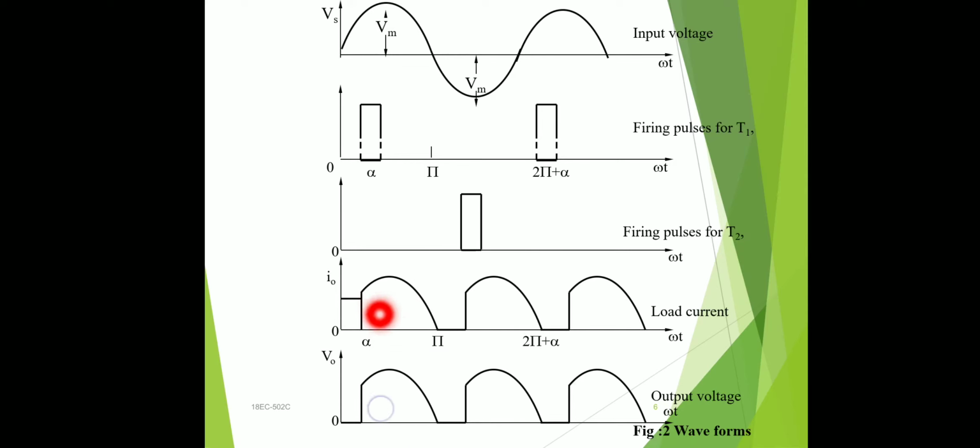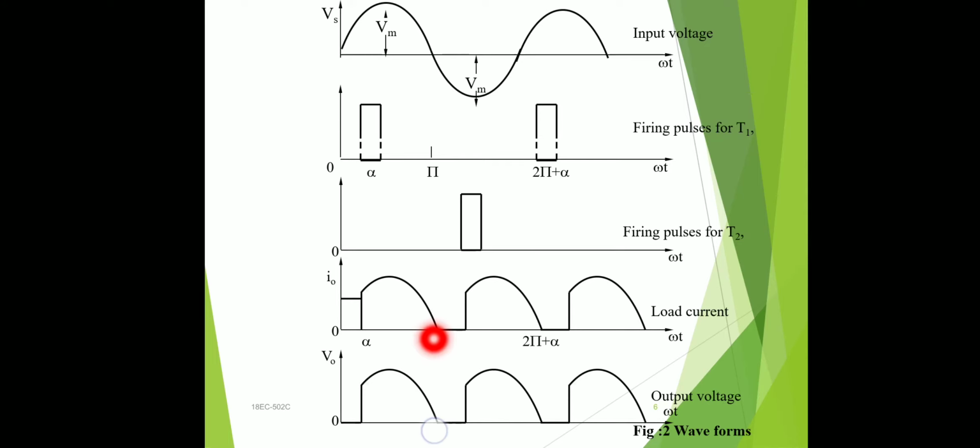After the firing angle, V0 is equal to Vi. Here you can observe V0 is equal to Vi, and I0 current is also flowing up to the positive half cycle, first positive half cycle until pi radians.